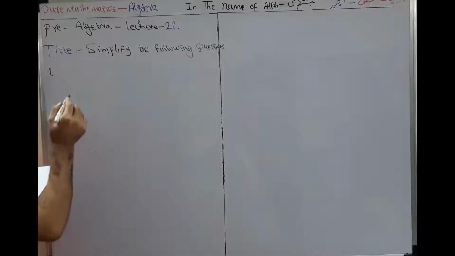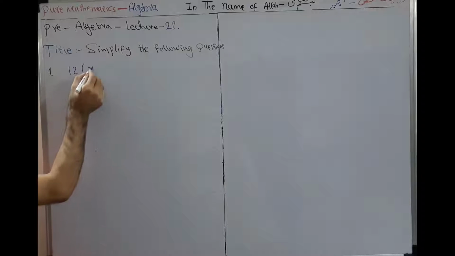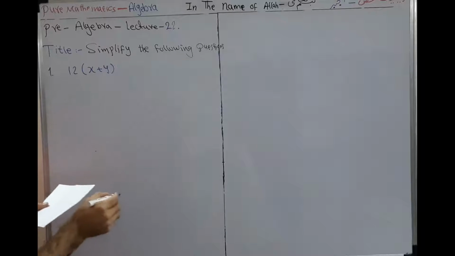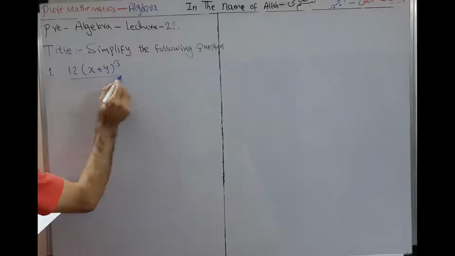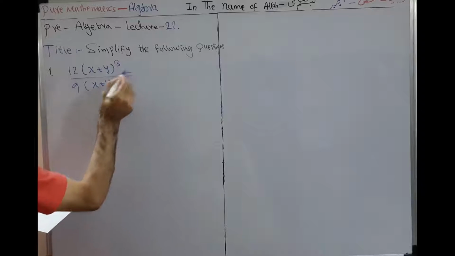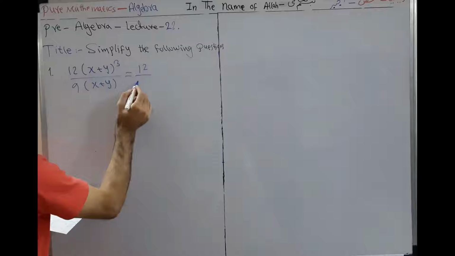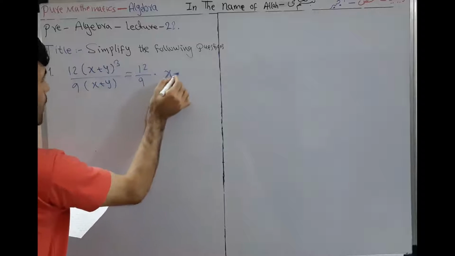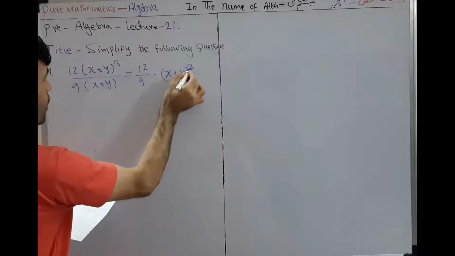We have 12 multiplied by (x plus y) to the power 3, over 9 into (x plus y). It is equal to 12 over 9 multiplied by (x plus y) to the power 3 minus 1.